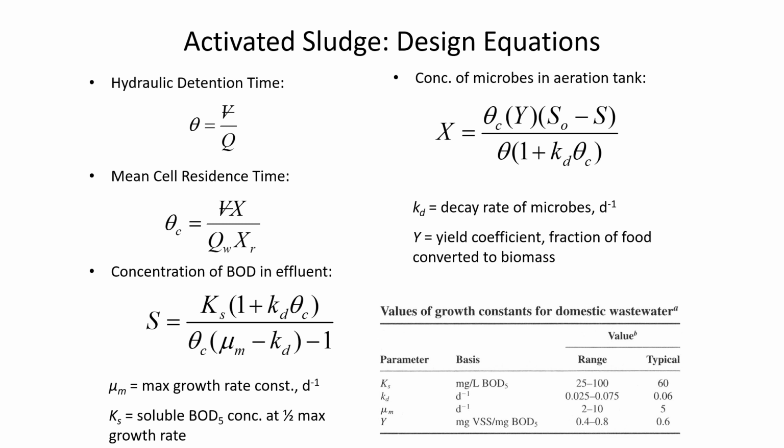So if I eat a pound of food a day and I gain half a pound, then that means the yield was 50%. So the typical yield, you can see, goes between 0.4 and 0.8. So they don't turn 100% of the food that they eat into additional body weight.